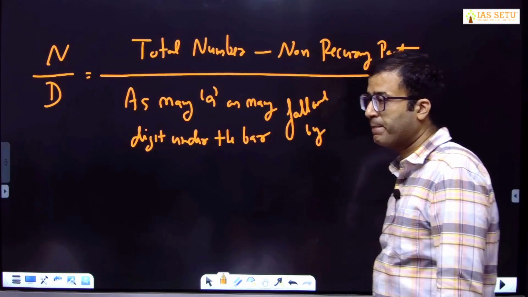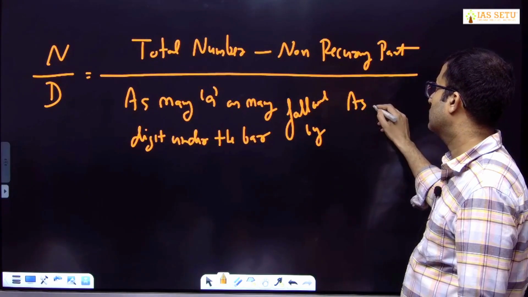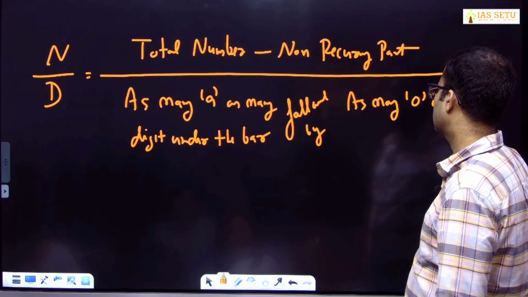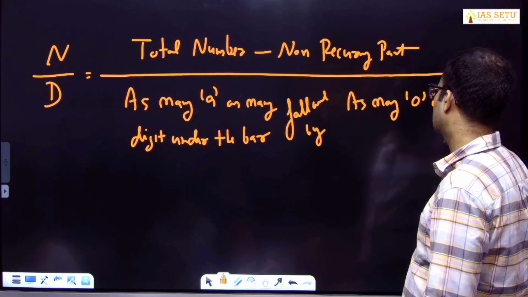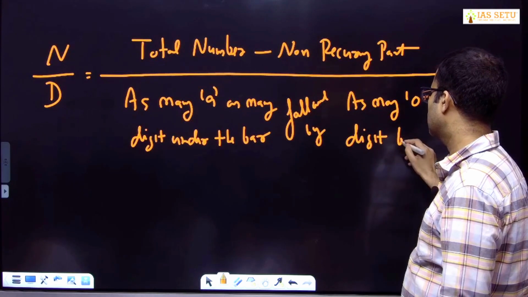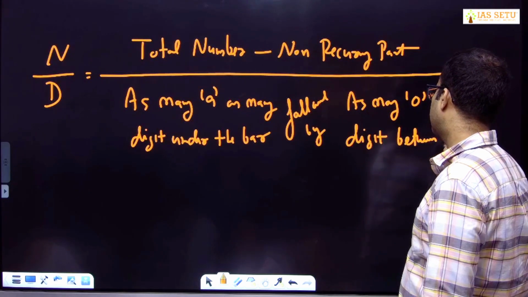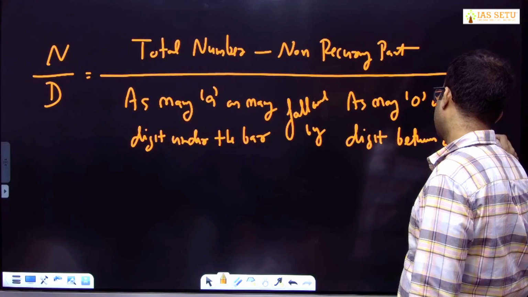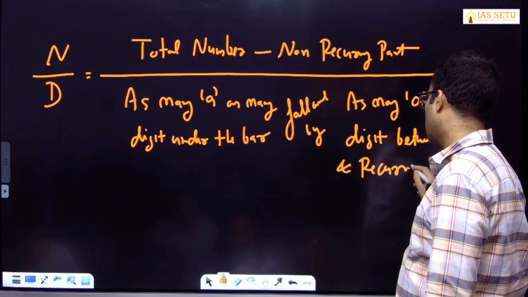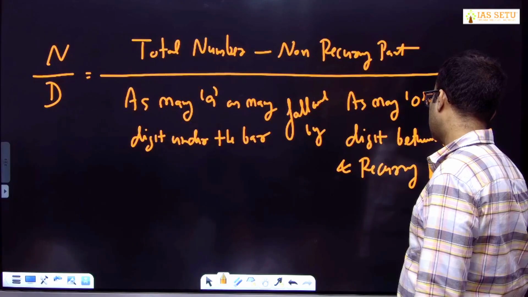Followed by as many 0s as many digits between decimal and recurring part.